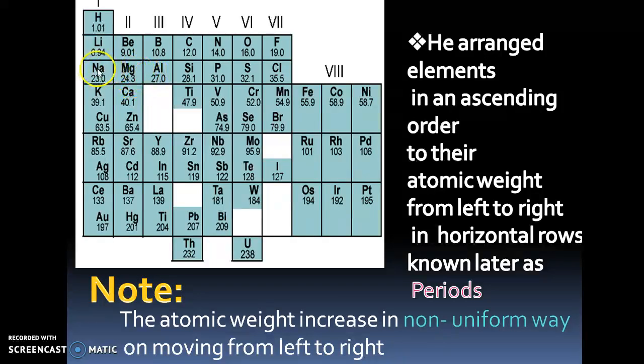So here the increase is by 1, here the increase is by 2, the increase again by 1, the increase again by 3. So this is a non-uniform way of increasing in atomic weight.